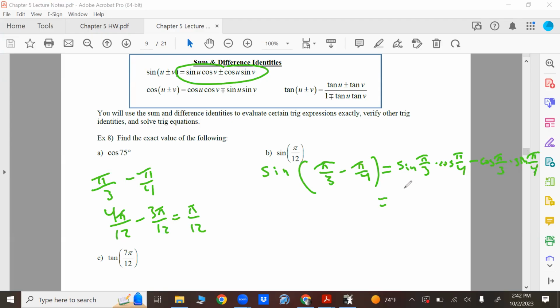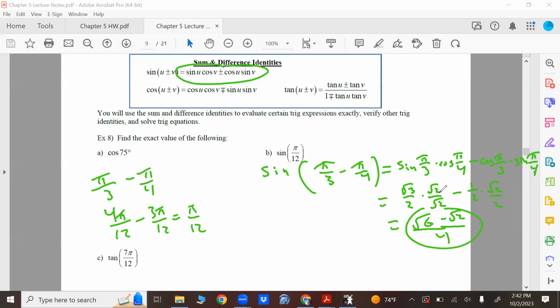That's root 3 over 2 times root 2 over 2 minus 1/2 times root 2 over 2. We get the same answer as we did before, as we should, because that's 15 degrees, guys. You should get the same. Okay, go and try part C on your own.